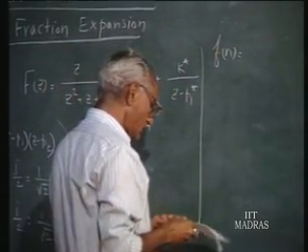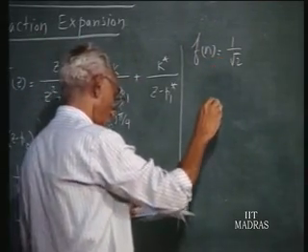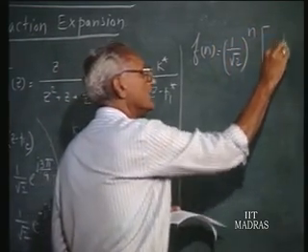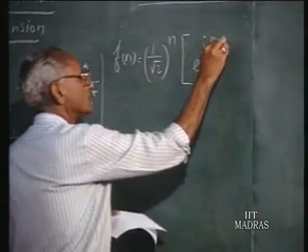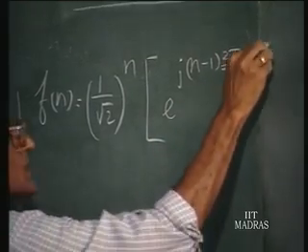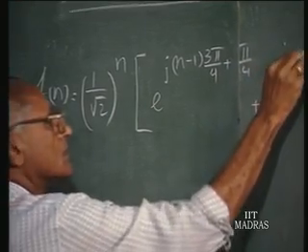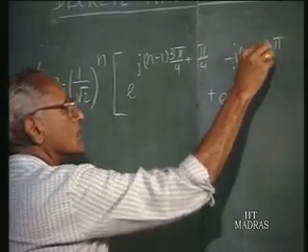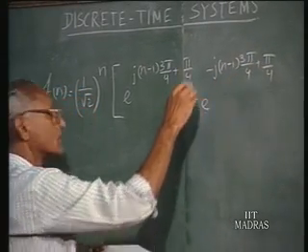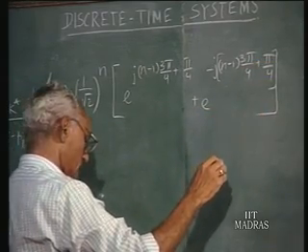You can show that this will be equal to 1 by root 2 to the power of n, e to the power of j (n minus 1) 3 pi by 4 plus pi by 4, plus e to the power of minus j (n minus 1) 3 pi by 4 plus pi by 4, all this times u of n minus 1.